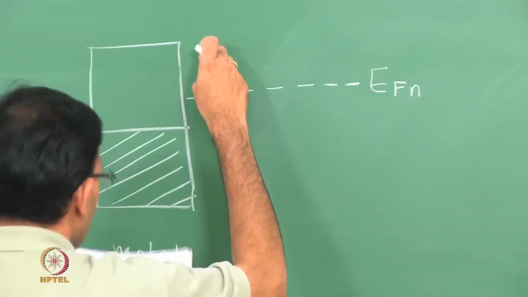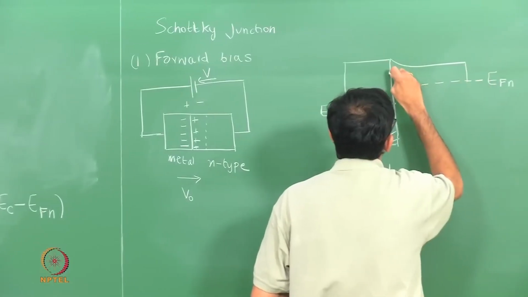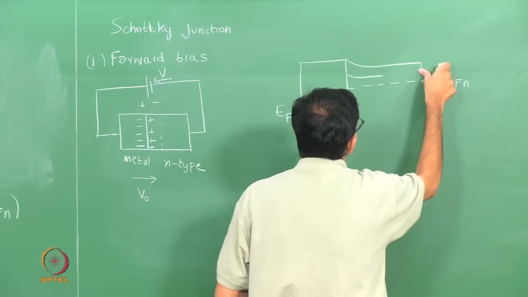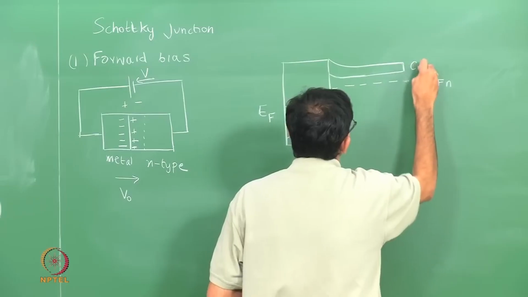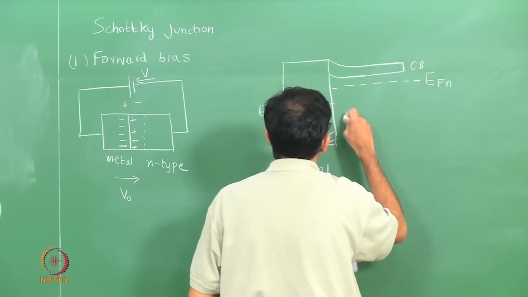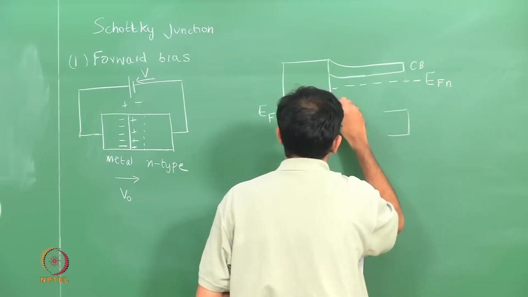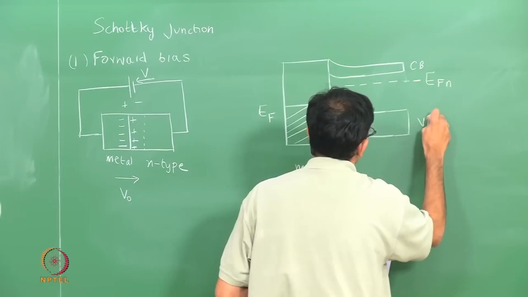If I show the bands, let me just redraw this. We show the bands. This is the conduction band. This is the valence band.